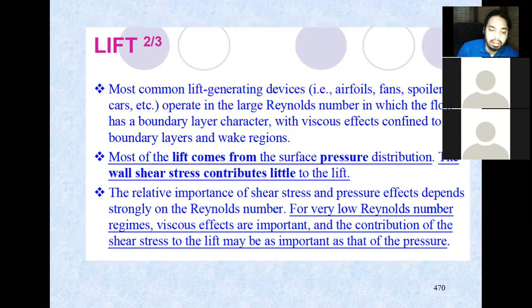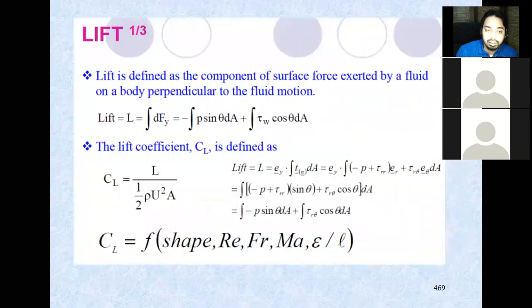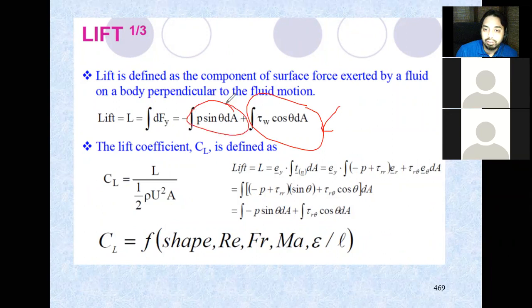Most of the lift comes from the surface pressure distribution, and the wall shear stress contributes little to the lift. So this component is very small, and this one is dominating.